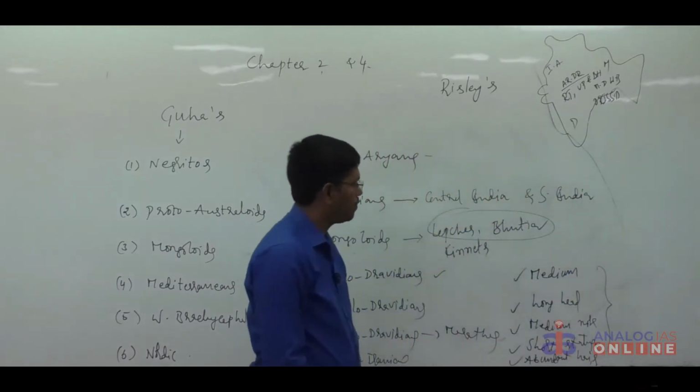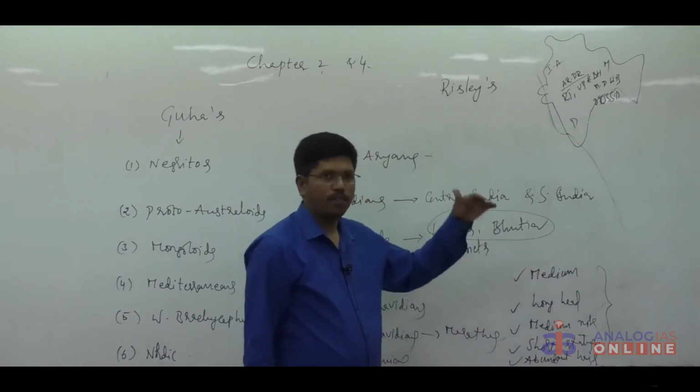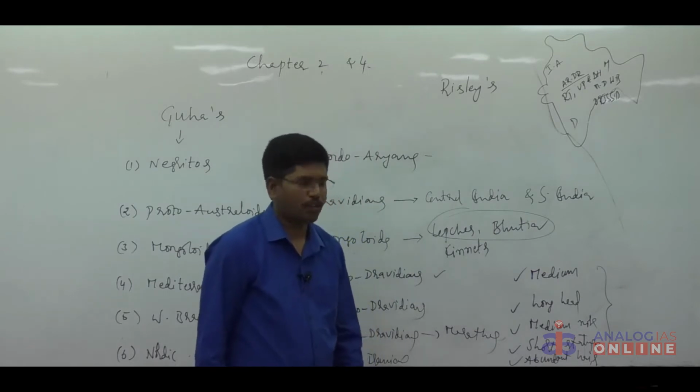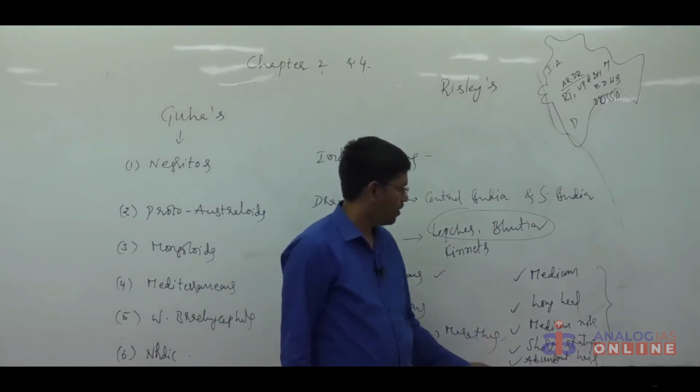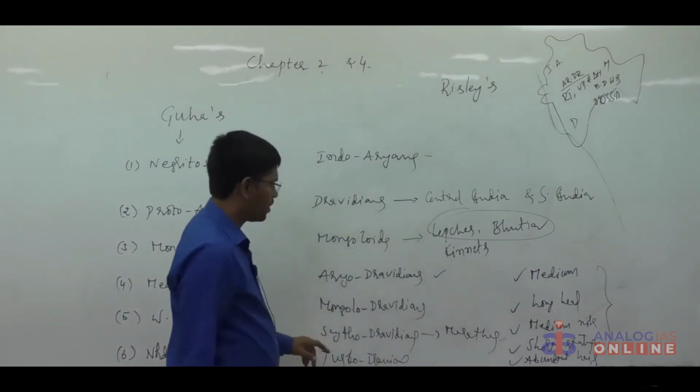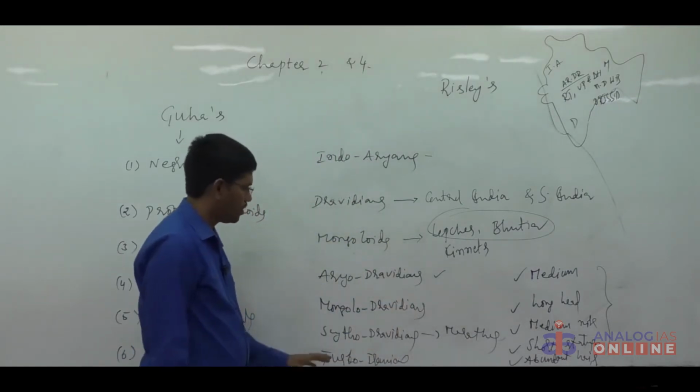Scytho-Dravidians you have to remember, if you come from top to bottom: head long, nose medium, leg short, that's why short stature. Then abundant hair. The representatives of Scytho-Dravidians are nothing but Marathas.